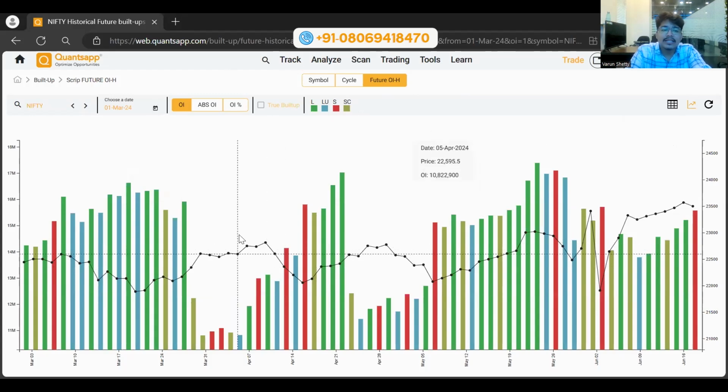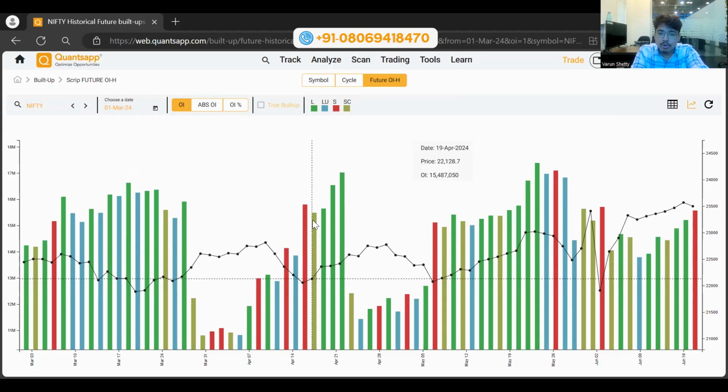The black line on this graph is the futures price, so Nifty's futures price on each day, and you can see the date on each day. The bars signify absolute open interest on that day. Wherever there is long unwinding, a blue bar or yellow bar, the bar is smaller than the previous bar.